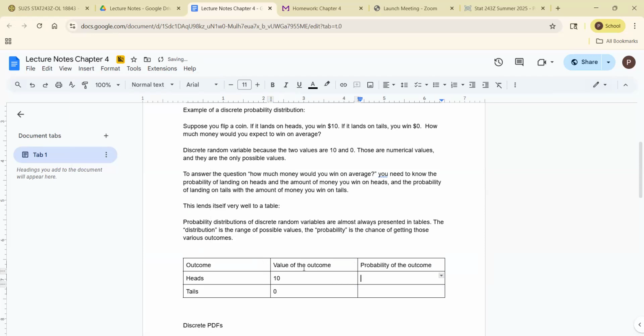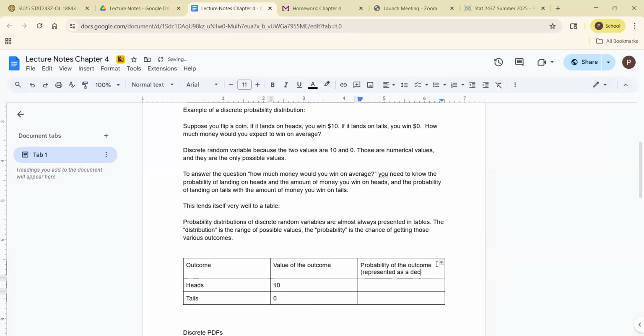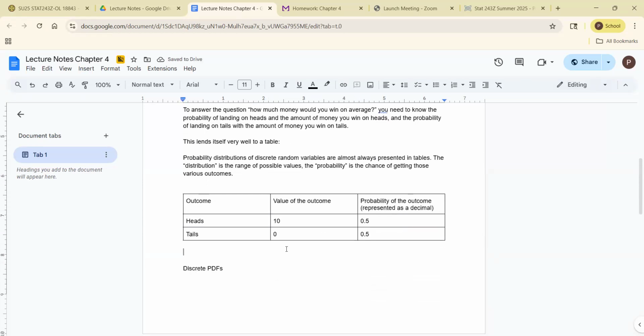Well, if we're flipping a coin, it should be 50-50, and we represent it as a decimal. Almost always probabilities are represented as decimals, so the probability of getting a heads or tails is 0.5 for each. So this is a table representation of a discrete probability distribution.